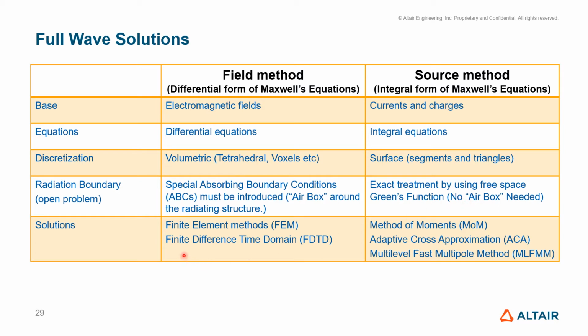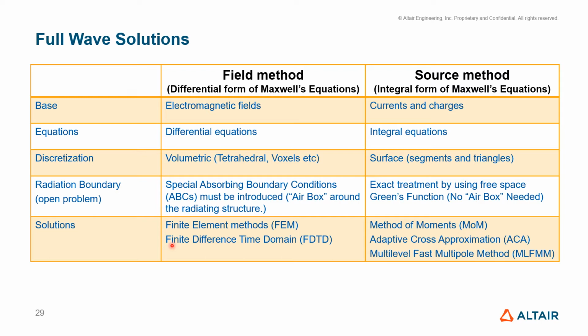So the methods that fall under the differential form of Maxwell's equations are FEM, finite element method, and finite difference time domain method. When these methods are used in a closed problem, by that we mean something closed in, let's say, a perfectly electric conductor that is not radiating fields into the open space, they can work quite nicely and they don't need an air box.